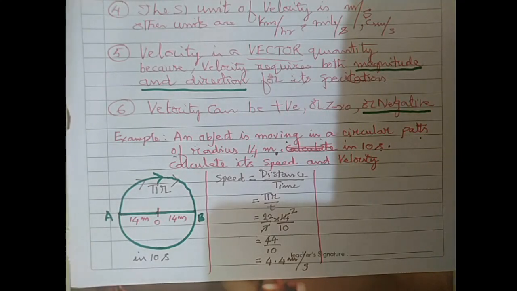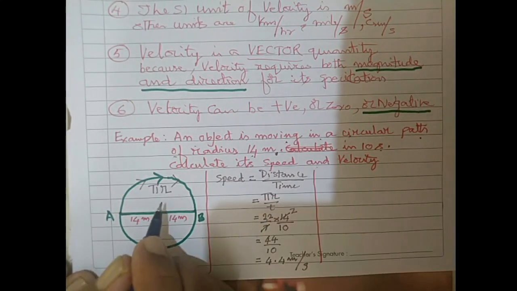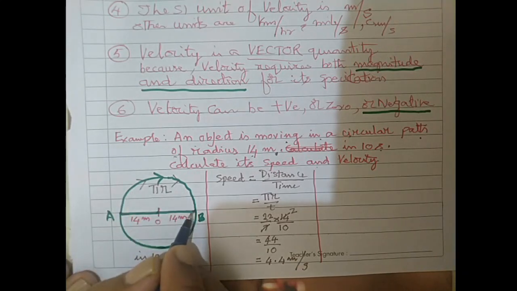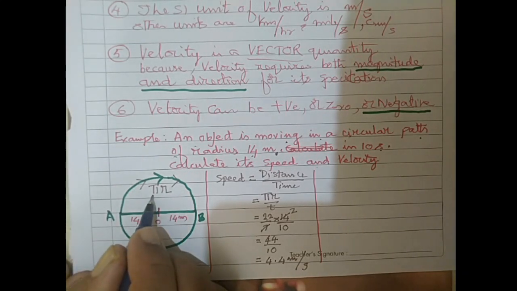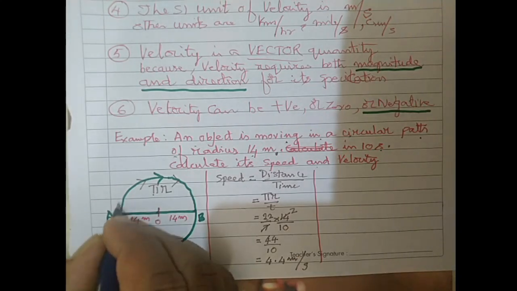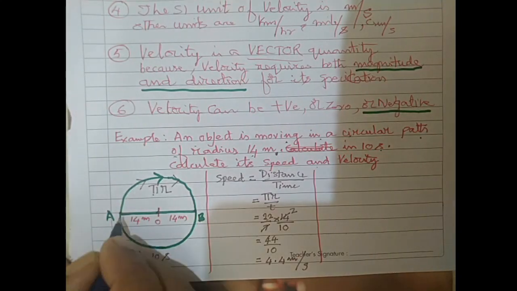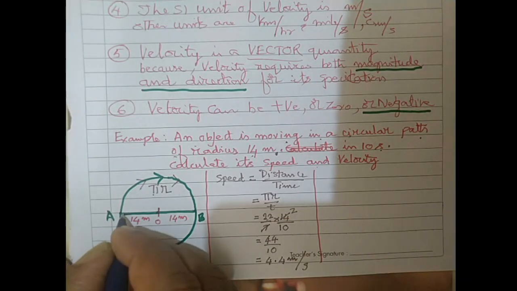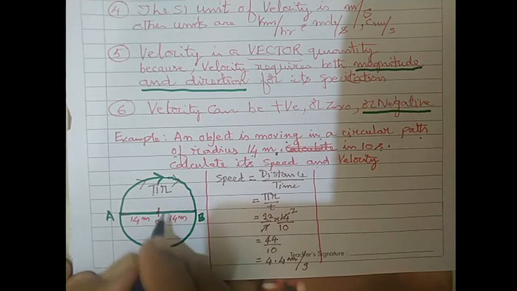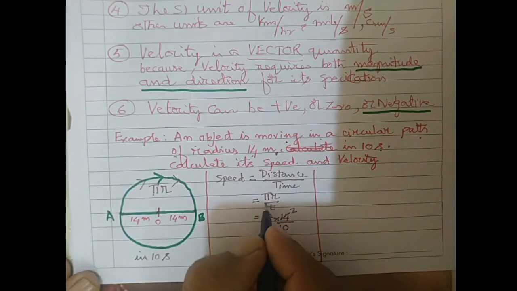Here I'd like to tell you one thing about the calculation of the distance, as I have already explained. We have to calculate this arc length. Why the arc length has become pi r, I already explained. Once again for your reference I am explaining. From here to here, the full circle, it is 2 pi r. I am taking only half the circular length, pi r. Therefore distance is equal to pi r.